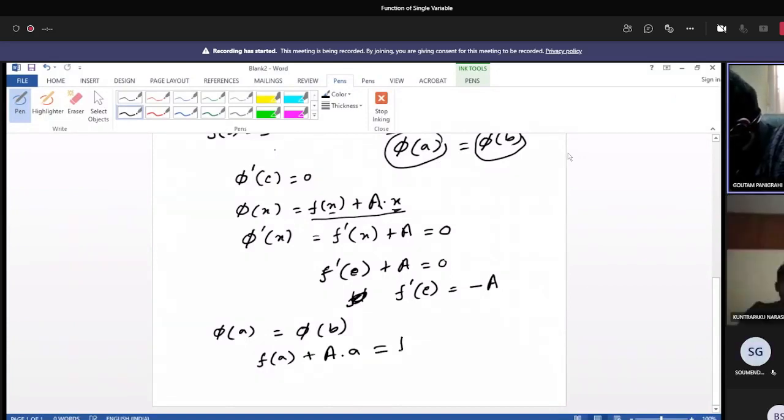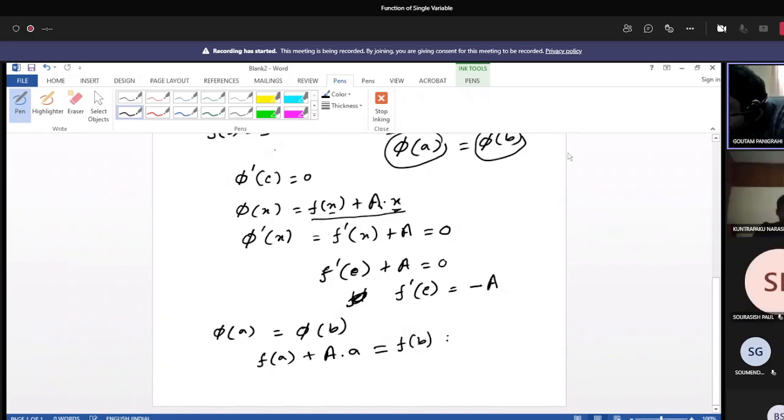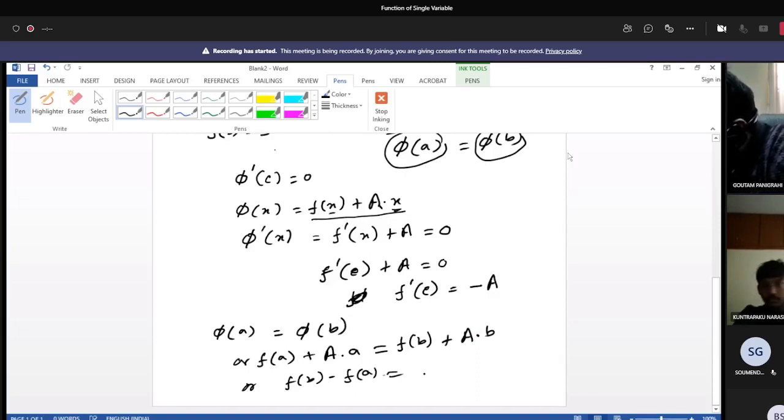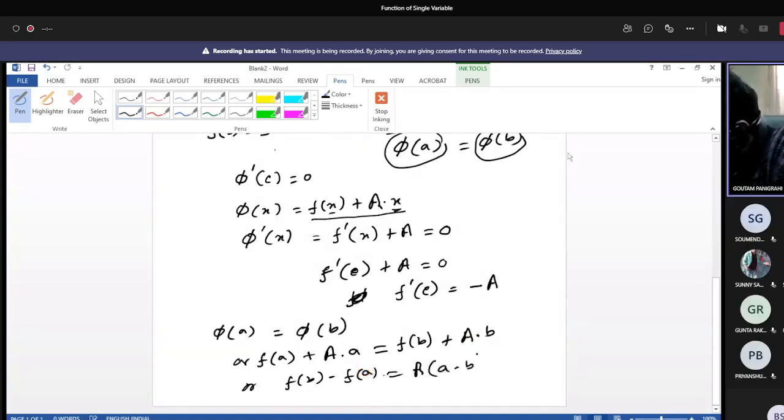So f of b plus capital A into b. Now here you have seen that fb minus fa, taken this side, will be capital A into a minus b.